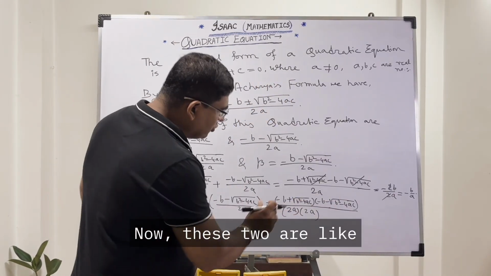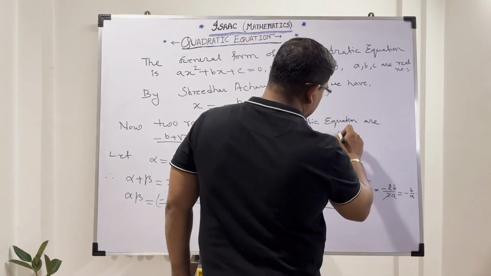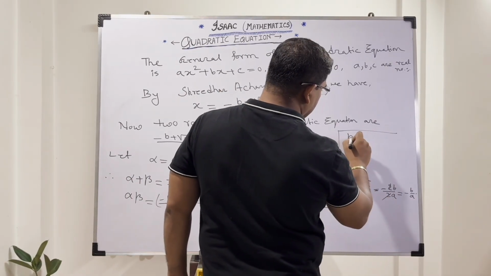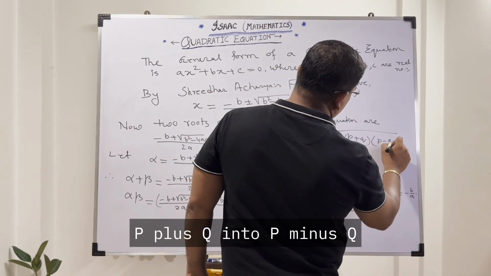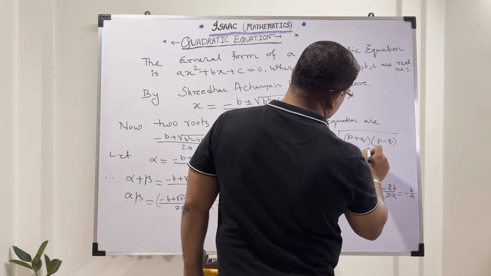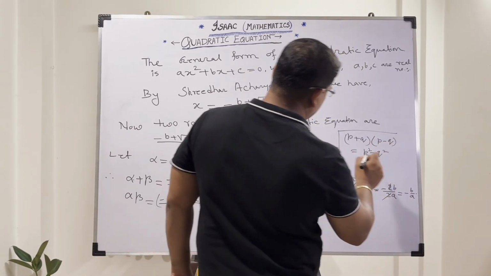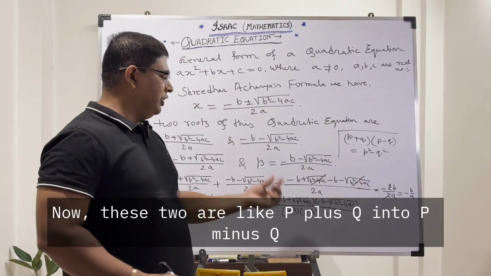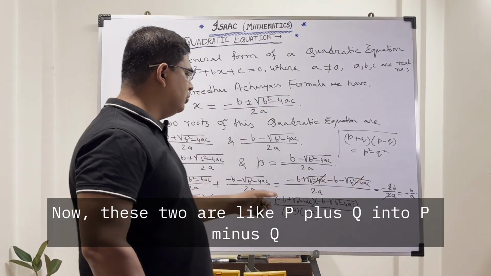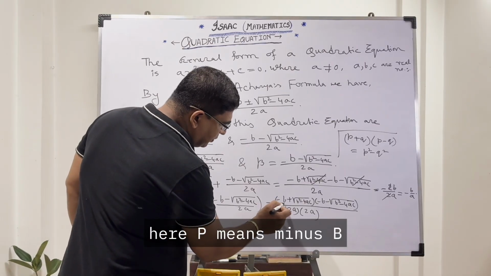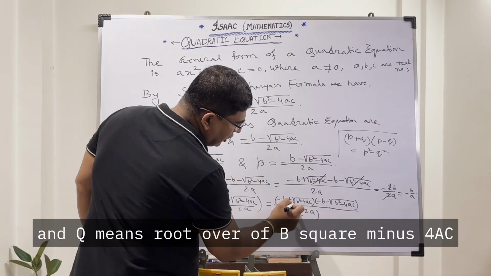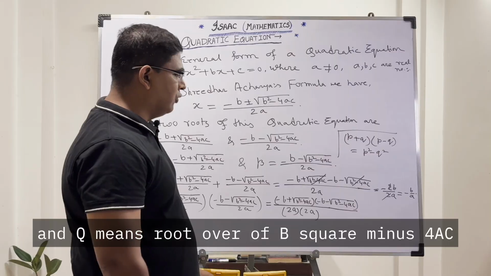Now these two are like p plus q into p minus q. Here p means minus b and q means root over of b square minus 4ac.